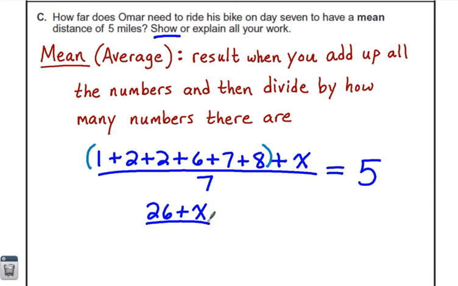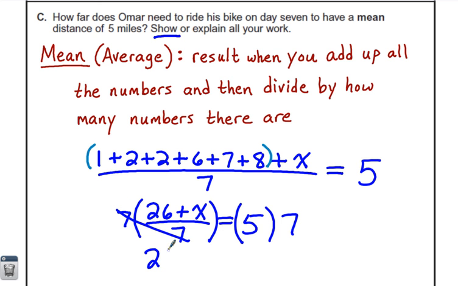And that would be divided by 7, and that's going to equal 5. What will be the next thing you're going to be doing to get x by itself? Multiplying both sides by 7, and see how you have to write this out, okay? And so that's going to get rid of the dividing by 7, and so that leaves 26 plus x, and the other side will become 35. 5 times 7 is 35.